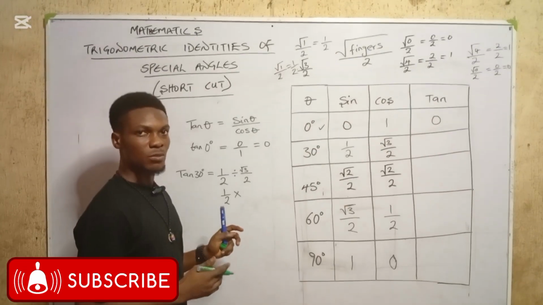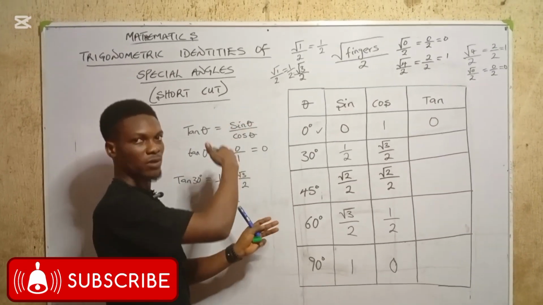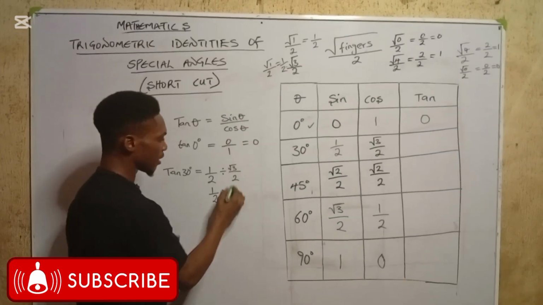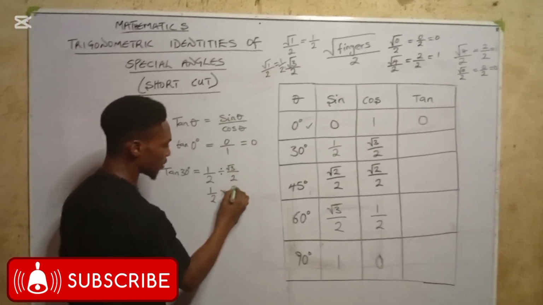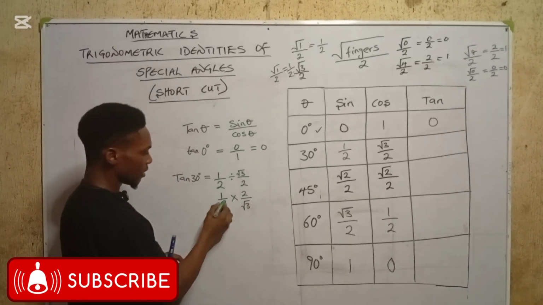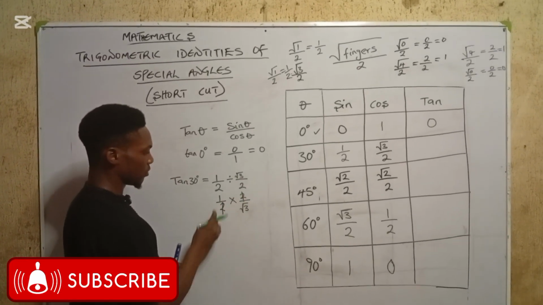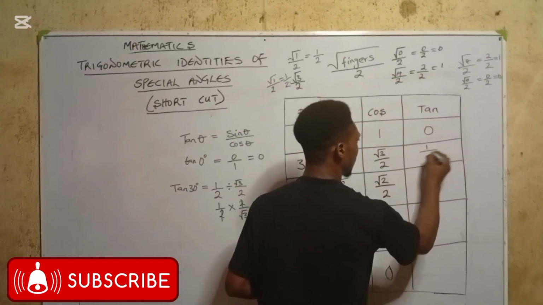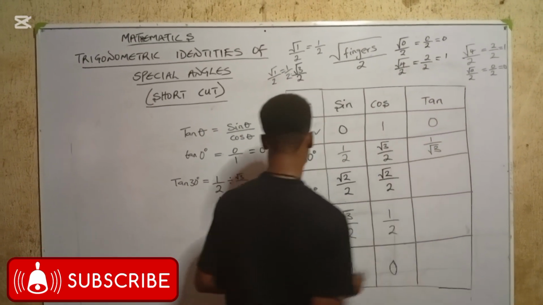And since you have changed it to multiplication, you take the reciprocal of the next fraction, that is, turn it upside down. Instead of root 3 over 2, you write it as 2 over root 3. Then 2 here can cancel 2. We have 1 over root 3 left.